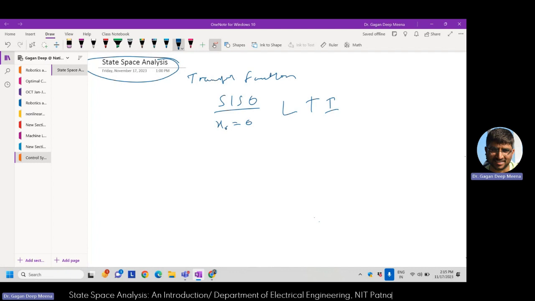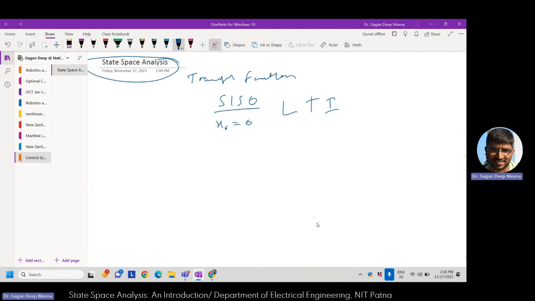But when we consider a bigger class of systems, not just linear systems, when we are trying to consider nonlinear systems also, and when we are thinking of time varying systems, there is a little bit more complexity involved in your system representation, and you might have multiple inputs also.